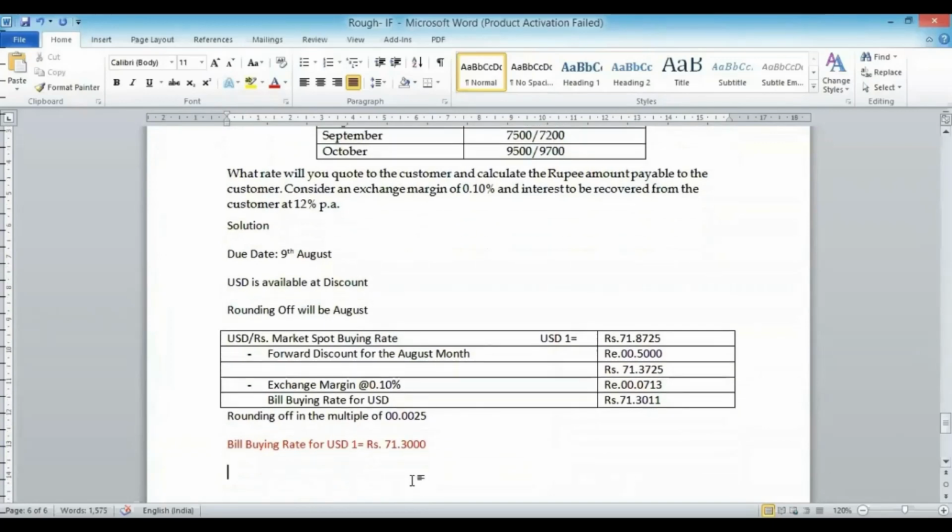So first of all, we have to calculate the rupee amount. Rupee amount will be USD 1,50,000 multiplied by rupees 71.3000. So 10695,000.